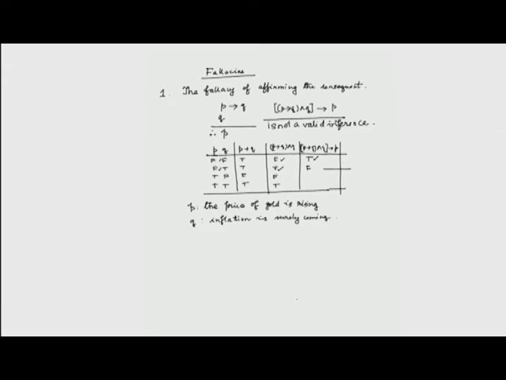Then P implying Q is if the price of gold is rising, then inflation is surely coming.